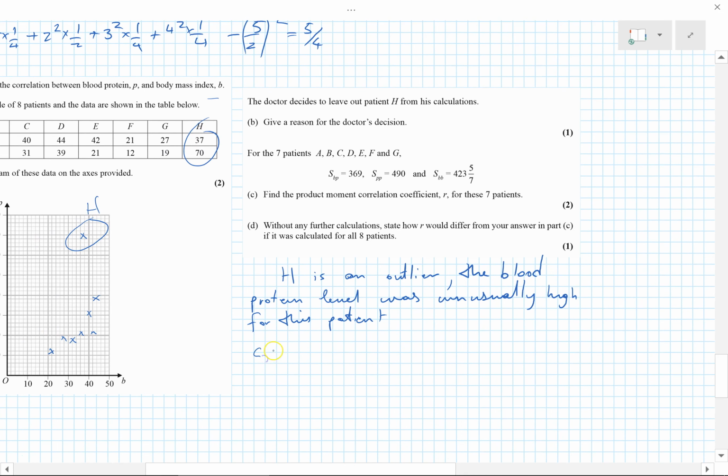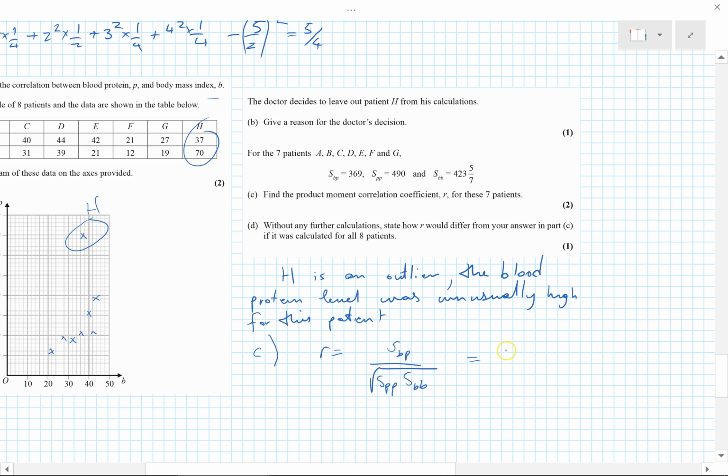We can say for C, r equals SBP over the square root of SPP times SBB.